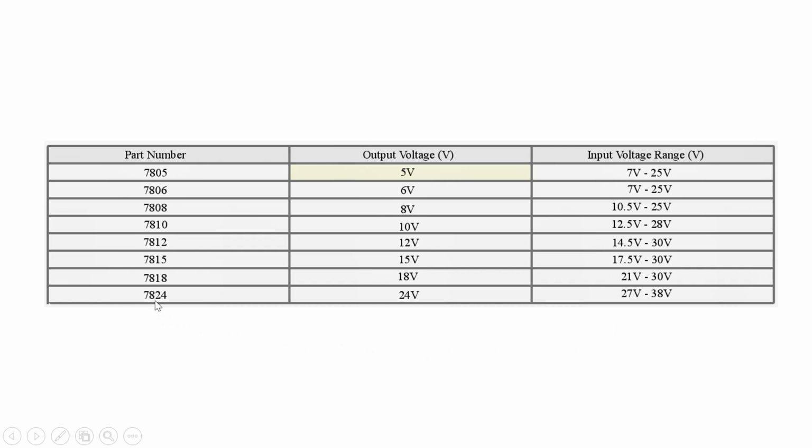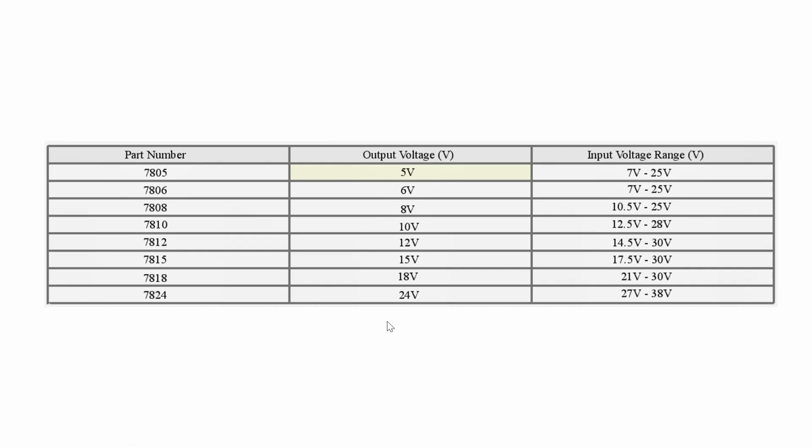The 7824, the last entry, gives a constant output voltage of plus 24 volts with a minimum input voltage of 27 volts and a maximum of 38 volts only. These ICs should be operated within these input voltage ranges to produce this stable output voltage at their output terminals.